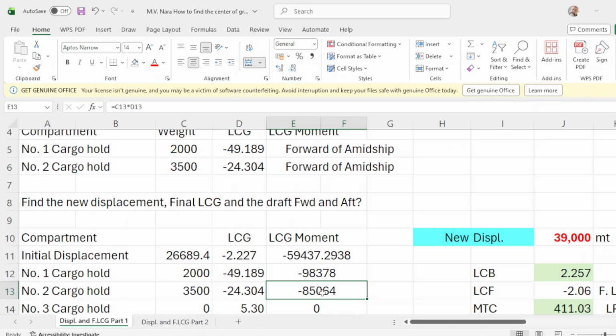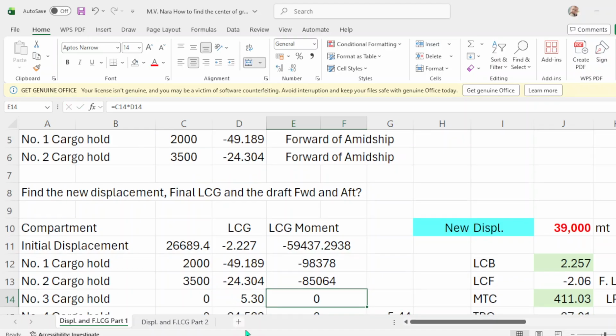In hold number 2, put equals, click the weight of 3,500, multiply with the LCG of hold number 2, negative 24.304, and you have the value of your LCG moment. This is what you call the LCG moment.